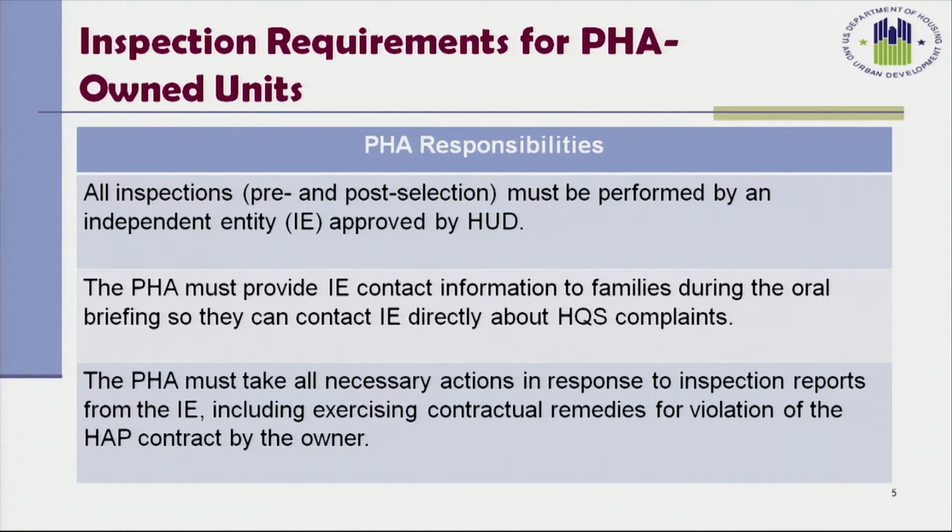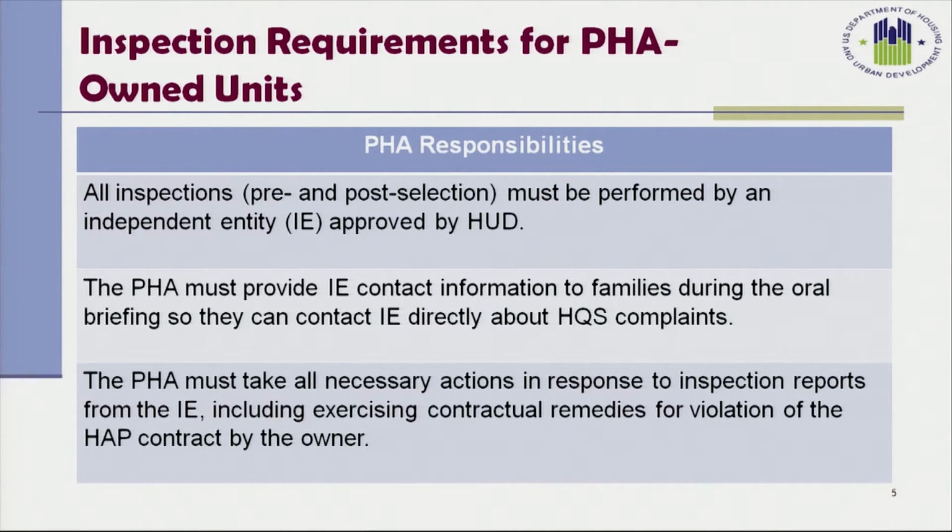PHA responsibilities. All inspections, pre- and post-selection, must be performed by an independent entity approved by HUD if these are PHA-owned units. The PHA must provide the independent entity contract information to families during the oral briefing so the families can contact the independent entity directly about HQS complaints.